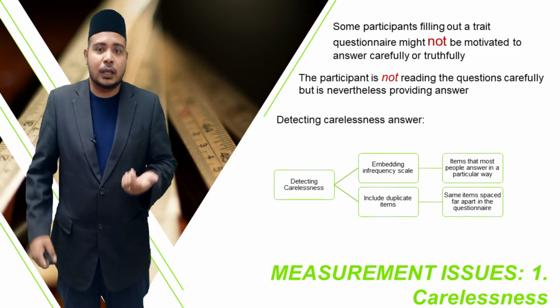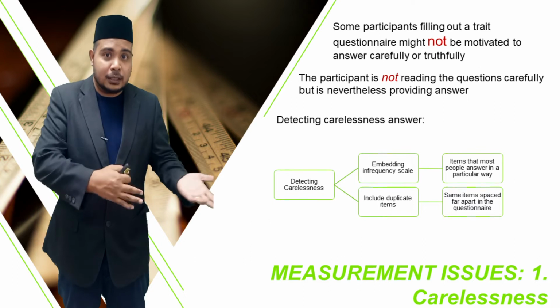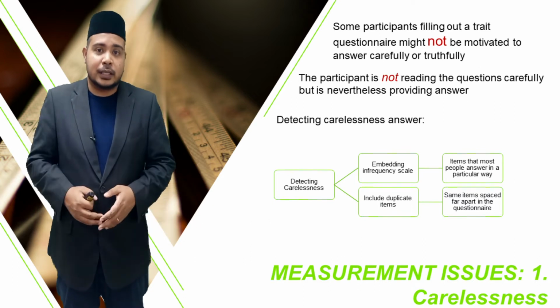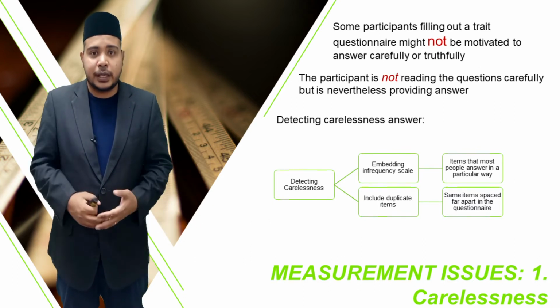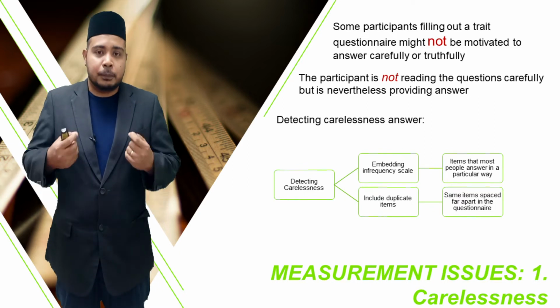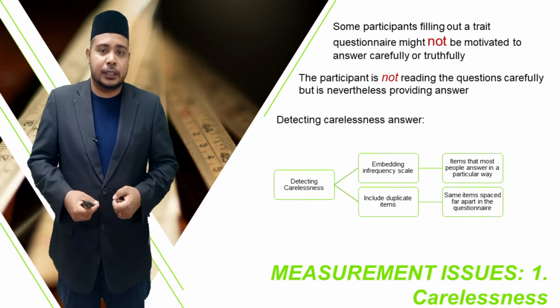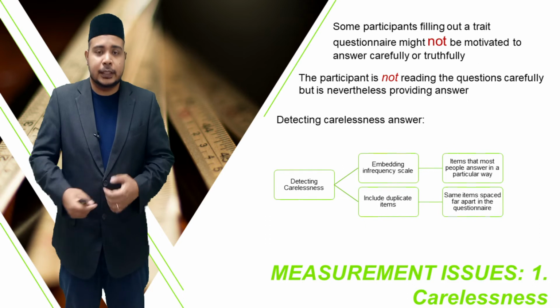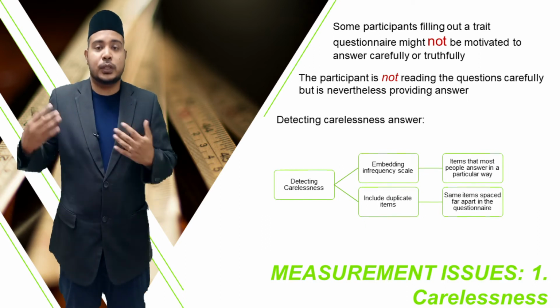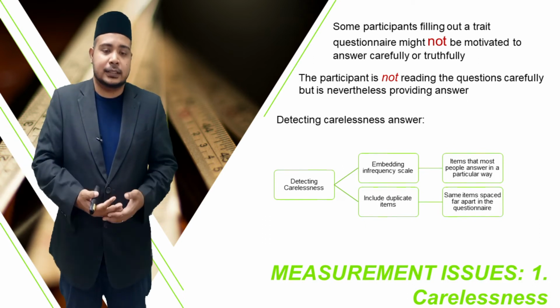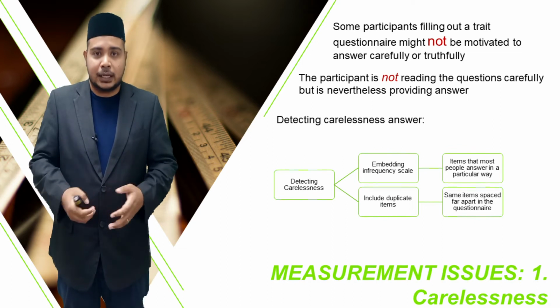So we can include this infrequency scale in our test of agreeableness, just to make sure that when people answer it, they pay attention and give a real answer. The second way we can detect careless answers is to duplicate items.